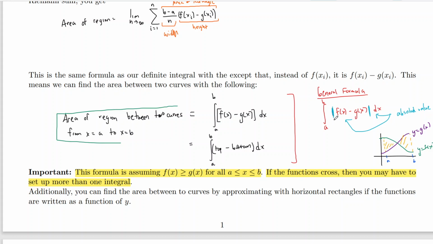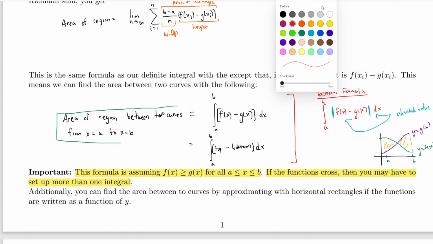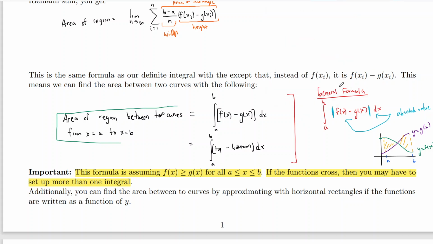But what happens if you don't include the absolute value is, over here where f of x is bigger than g of x, the height of the rectangle is positive. But without the absolute value, it would be saying that the height of the rectangle over here is negative, because f of x would be smaller than g of x. So what the absolute values do is make sure that the heights of your rectangles stay positive, and as a result, the area stays positive.